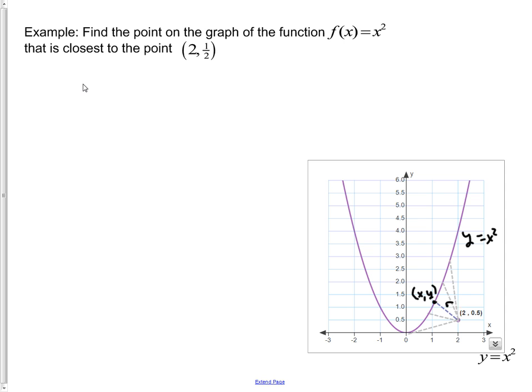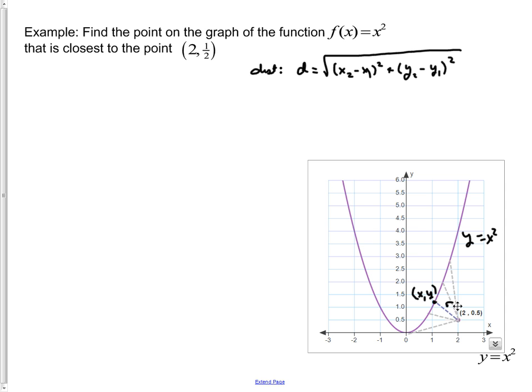You remember your distance formula: the distance between any two points 1 and 2 on a graph is the square root of the difference in the x values, x2 minus x1 quantity squared, plus the difference in the y values, y2 minus y1 squared. We're basically finding a right triangle solution. X2 minus x1 and y2 minus y1 are the horizontal and vertical distances of our legs, and the square root of that makes it the hypotenuse.